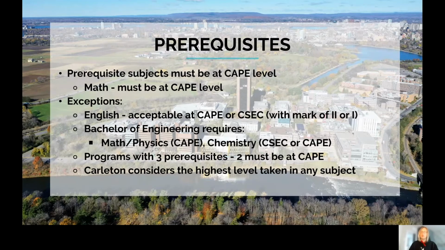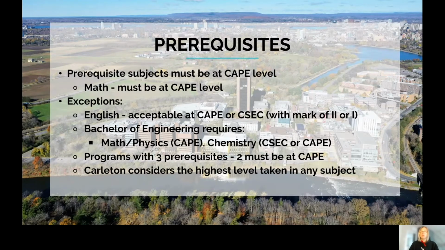If you're applying to a program that lists English as a prerequisite, for example, for Bachelor of Arts or Bachelor of Journalism or Bachelor of International and Global Studies, you can have English at CAPE, but also you can have it at CSEC. If you don't have it at CAPE, you didn't take it, you're taking something else, but you did English or English Lit at CSEC, that's acceptable as a prerequisite as long as your mark is 1 or 2 at CSEC for English.